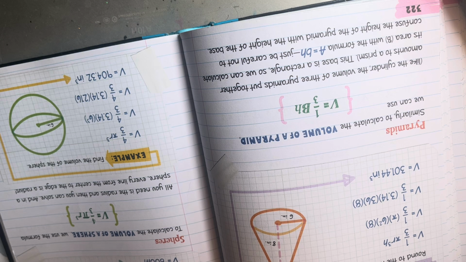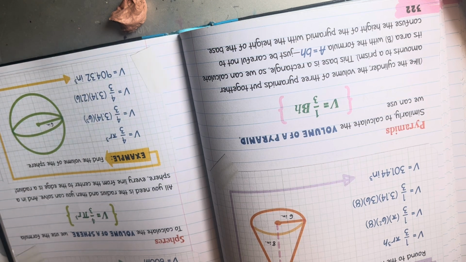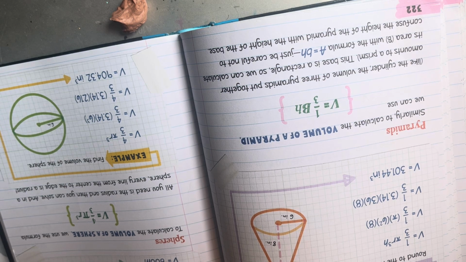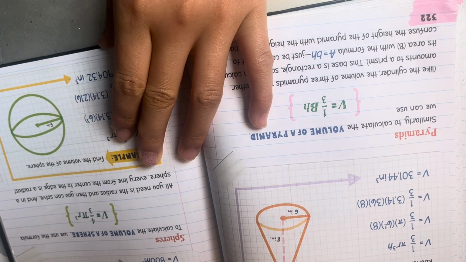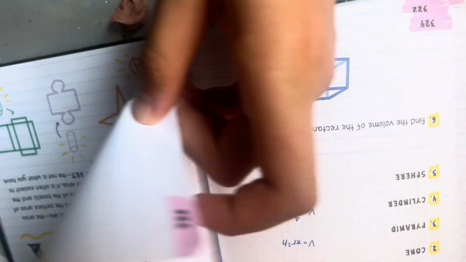And V equals 4/3 times 3.14 times 216. So V equals 904.32.